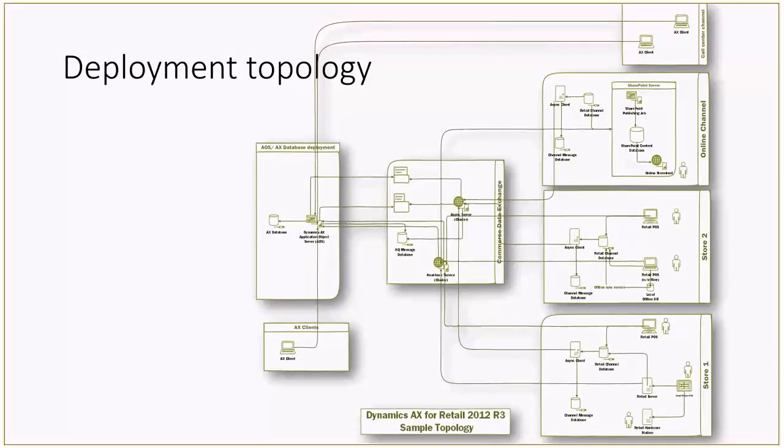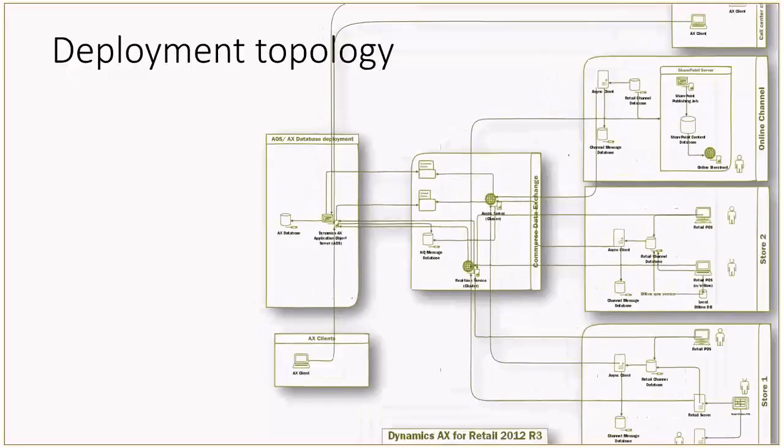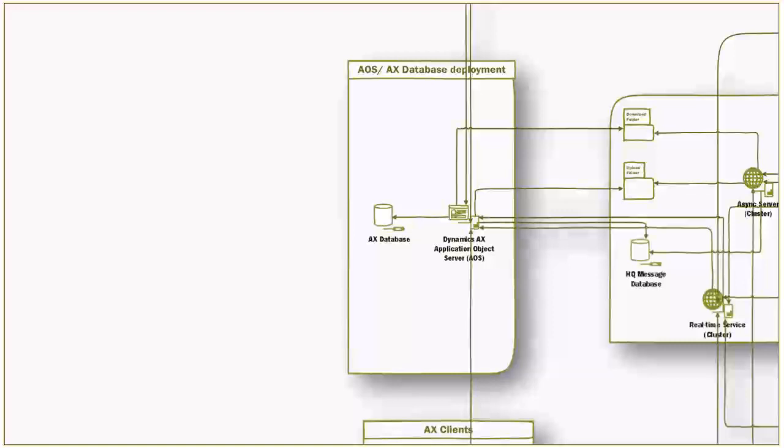Let me zoom in a little bit here. So here you'll see what we have is the AOS and AX database deployment. This is standard for any deployment of the Dynamics AX product line. In this sample deployment, it's a very basic deployment to give you an idea of how things might work. We have one AX database installed.